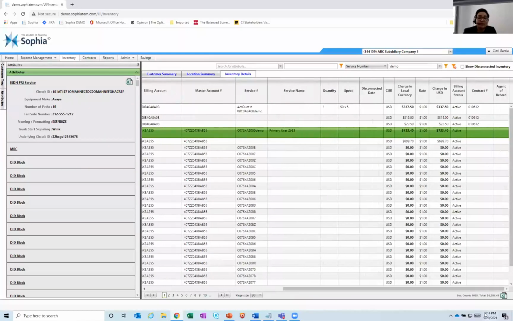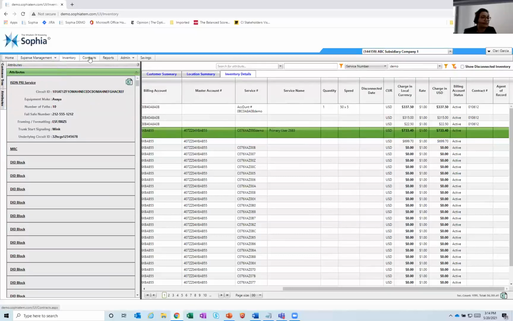One of the other key components of our Sophia service and the approach BCM One follows is that we're also looking through your contracts, and we are associating all of your service IDs against the contractual obligations for those contracts.